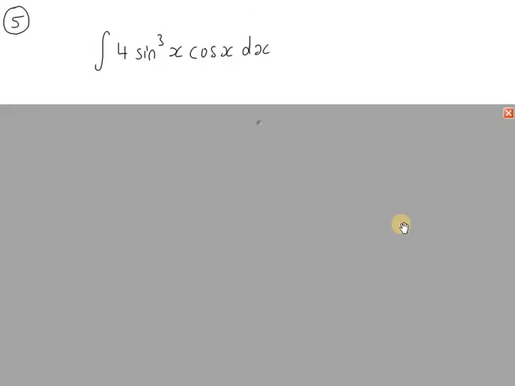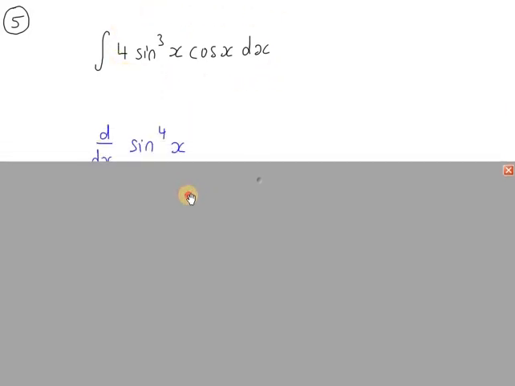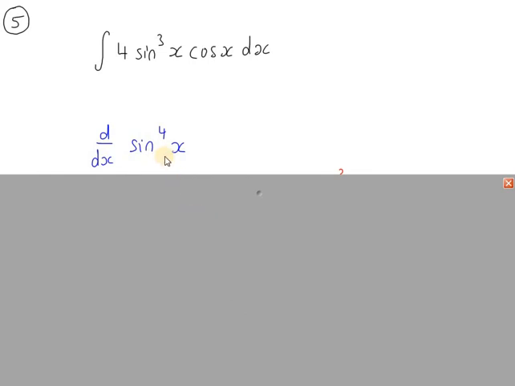Example 5. So what can I differentiate to get something similar to this? So if I start off with sine x to the power of 4 and then differentiate, and this uses the chain rule where you have a function in brackets raised to a power, so I've got sine x and it's all raised to the power of 4, so I can think of it like this.